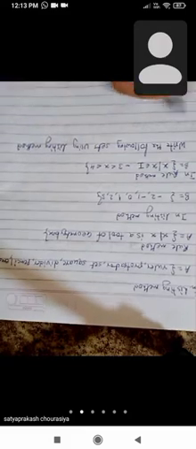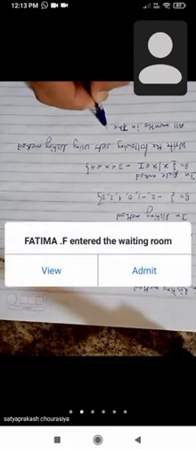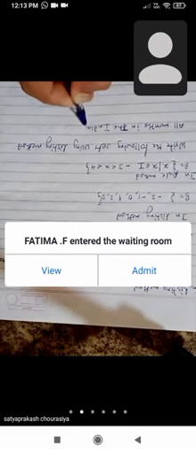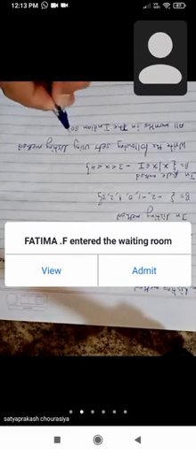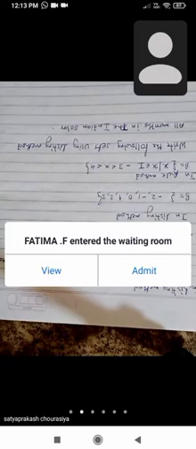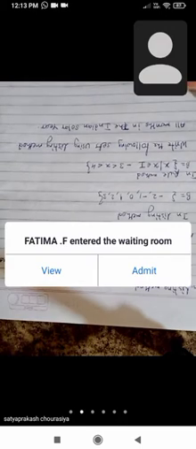Now first question, all months in the Indian solar year. Means we have to write down the names of the months of the Hindi calendar.